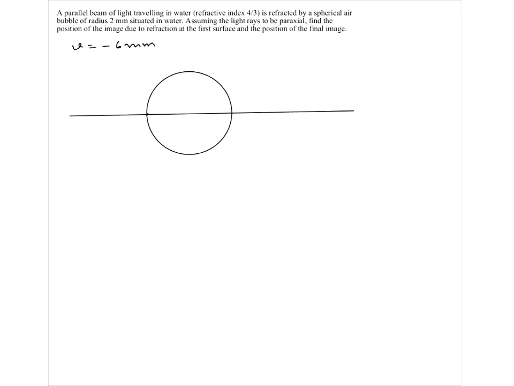So that image will act as an object for the second part. This will be 6. This is how much? 2 plus 2, 4. 4 plus 6. So for this interface, U will be -10 mm.